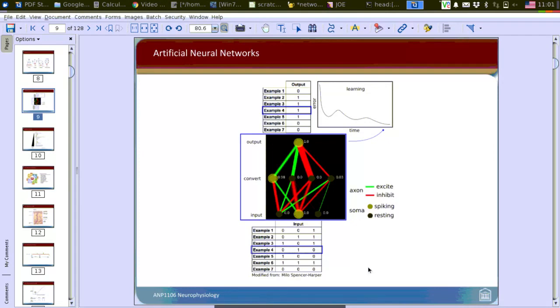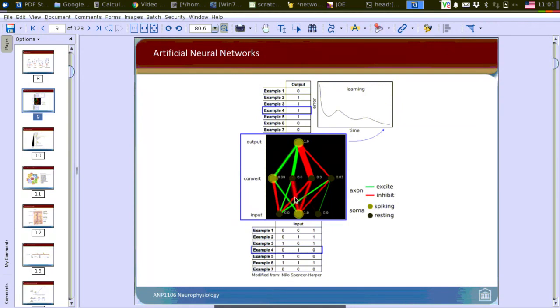So whether it's excitatory or inhibitory is shown on the figure by the color. So a red axon means that it has an inhibitory effect on the postsynaptic neuron. A green axon means it has an excitatory effect on the postsynaptic neuron.